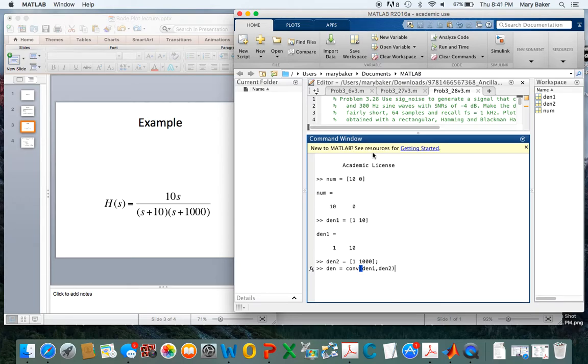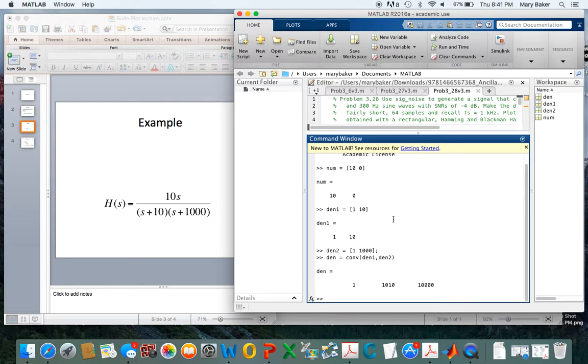When you do that, MATLAB gives you the coefficients of the polynomial that results from the polynomial multiplication. So to get it to do polynomial multiplication instead of matrix multiplication, you need to use the convolution function for those denominator terms.